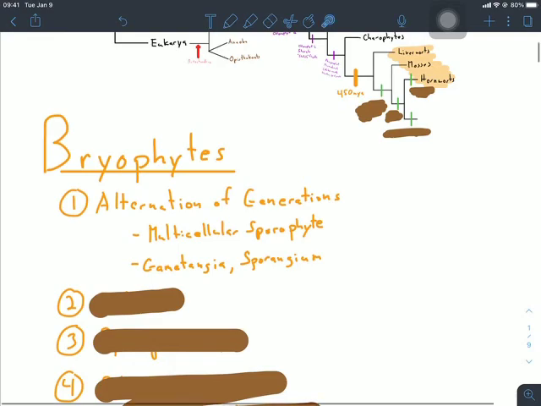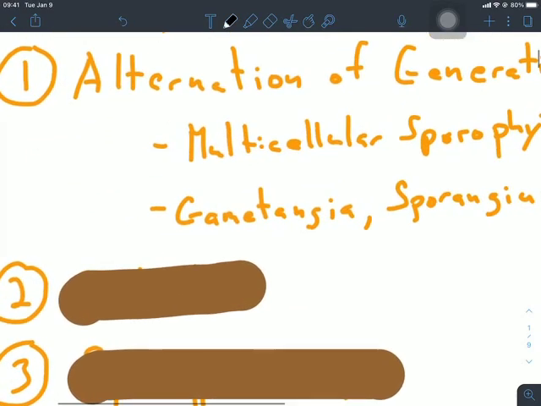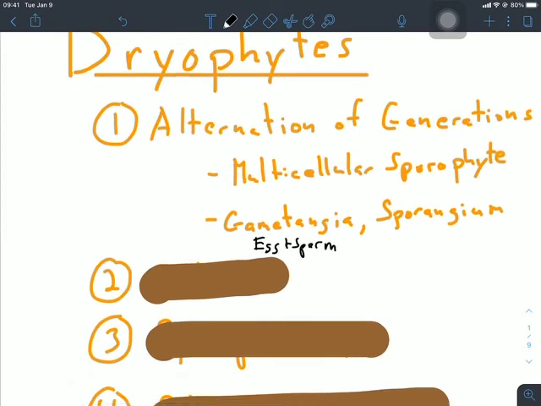The organs that create sperm and egg are our gametangia, and it's usually an either-or situation, or can be an either-or or a both, depending. Some bryophytes have gender, some bryophytes do not, so we can't make a blanket statement on that.